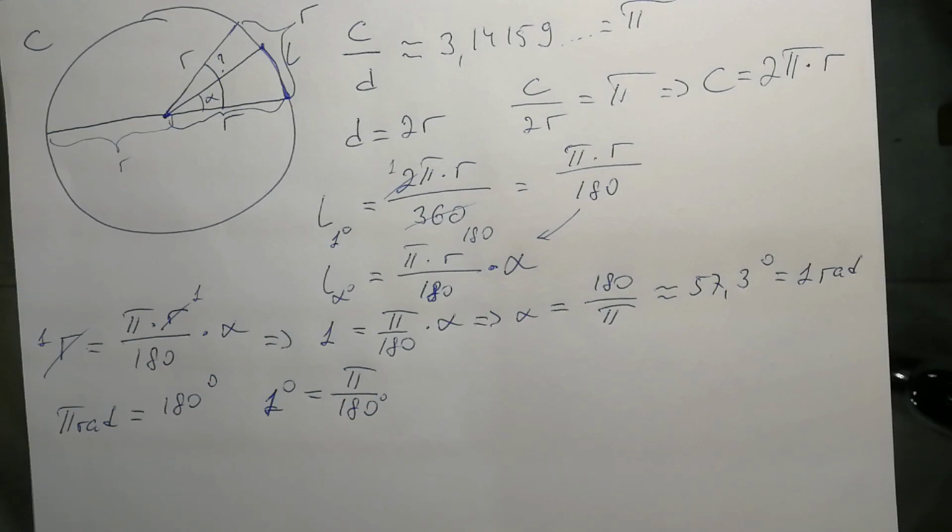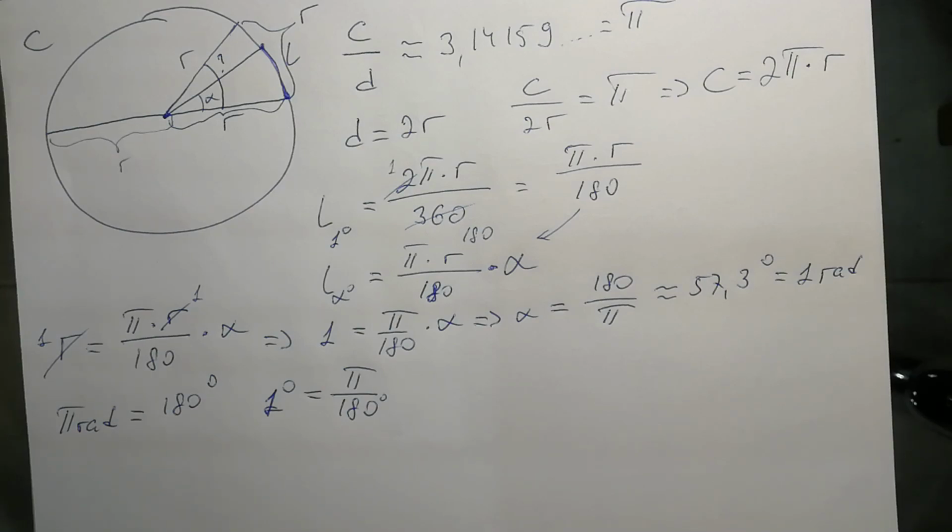Thus, when we talk about half a circle, 180 degrees, we talk about an arc with an angle of pi radians, because if you take 180 degrees multiplied by pi divided by 180, they will reduce and we obtain just pi.